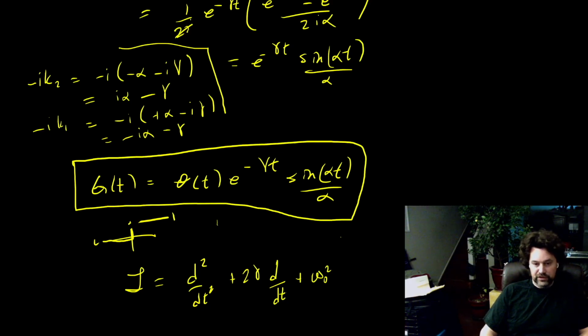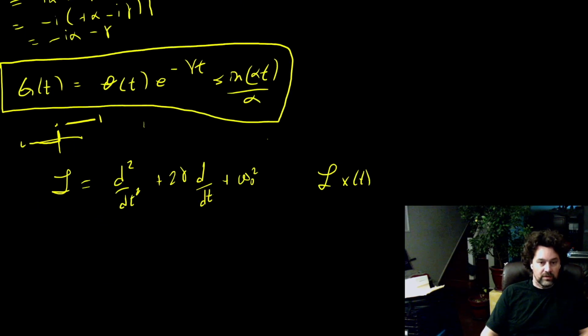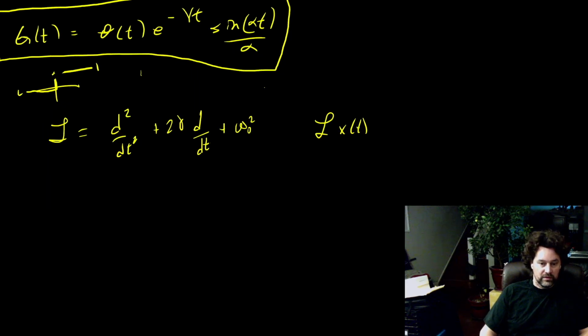So if we have a differential operator, L, then we can have L x of t, oops, that is writing behind my image, I believe. L x of t equals f of t is our equation.